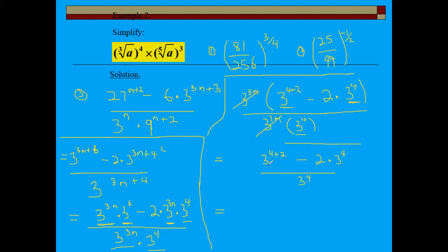Having said that, 3 raised to the power 4 plus 2 is the same as 3 raised to the power 4 times 3 raised to the power 2 minus 2 times 3 raised to the power 4.